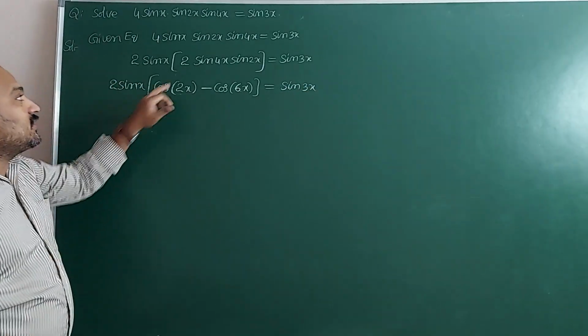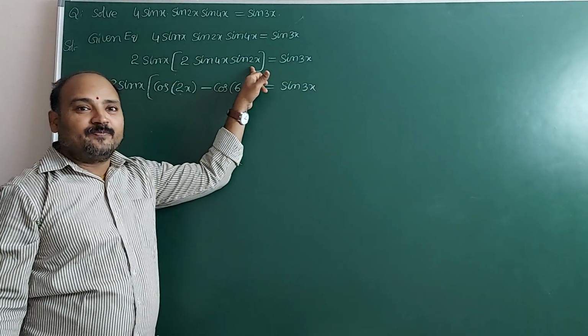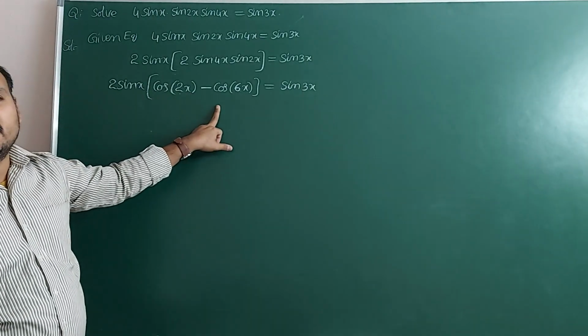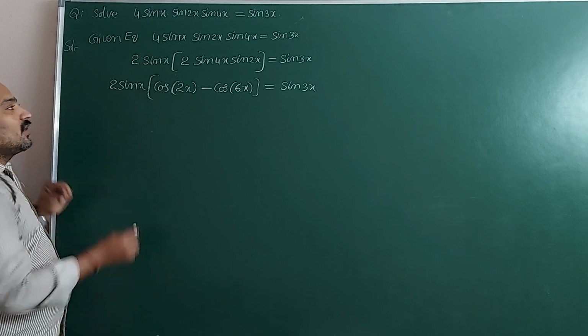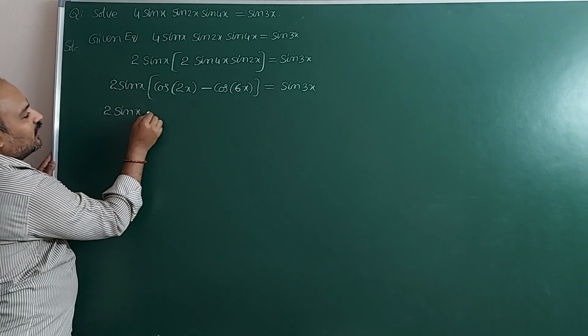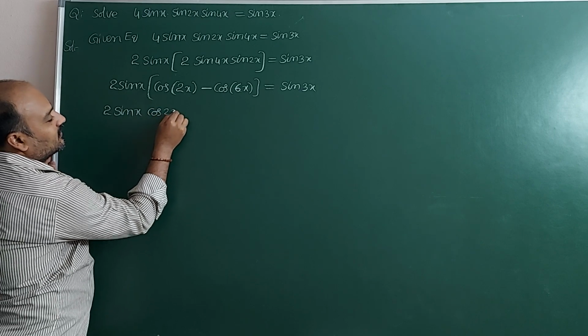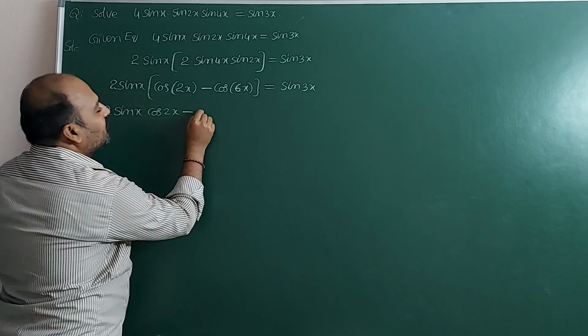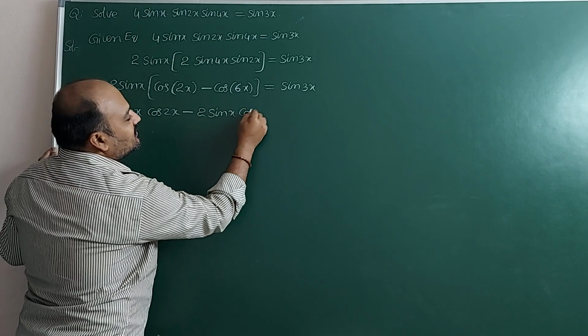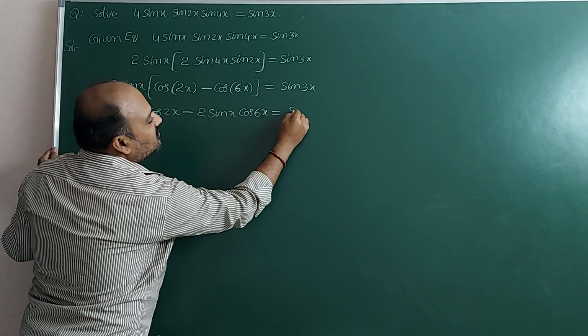Once again I'll repeat, 2 sin A sin B is cos(A − B) minus cos(A + B). Next, the actual multiplication: 2 sin x into cos 2x minus 2 sin x into cos 6x is equal to sin 3x.